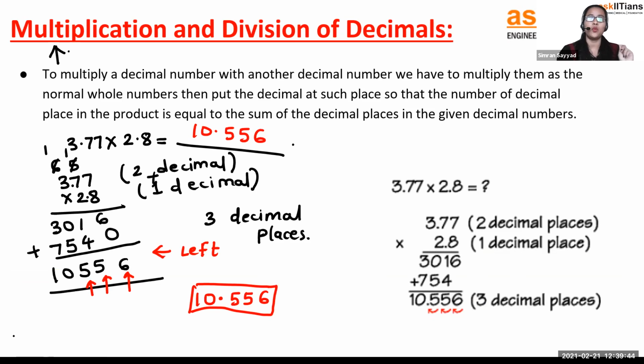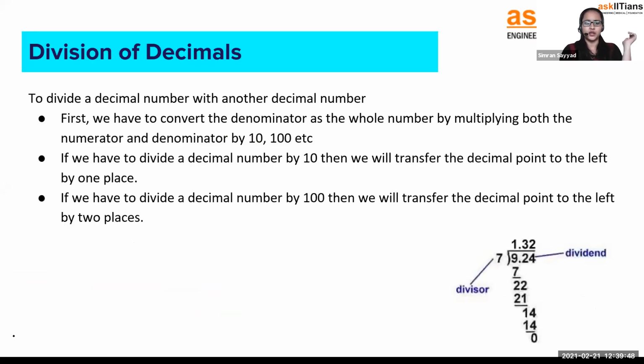Perfect. Now, what about division? Okay, what to do for the division? For the division, you will be getting a problem like this. Suppose it is 9.24 divided by 0.7.